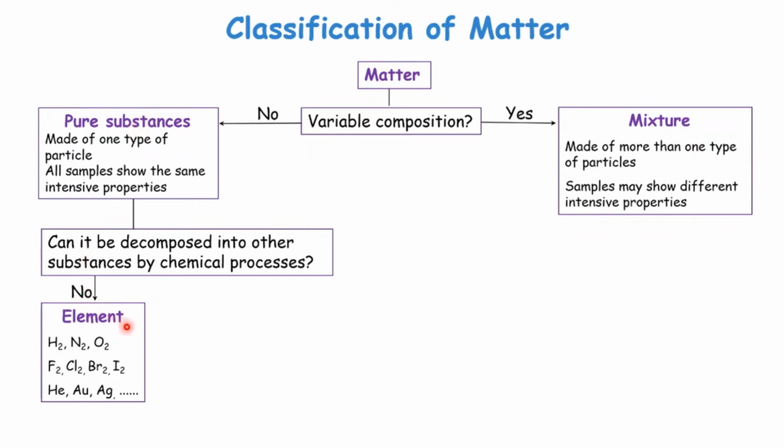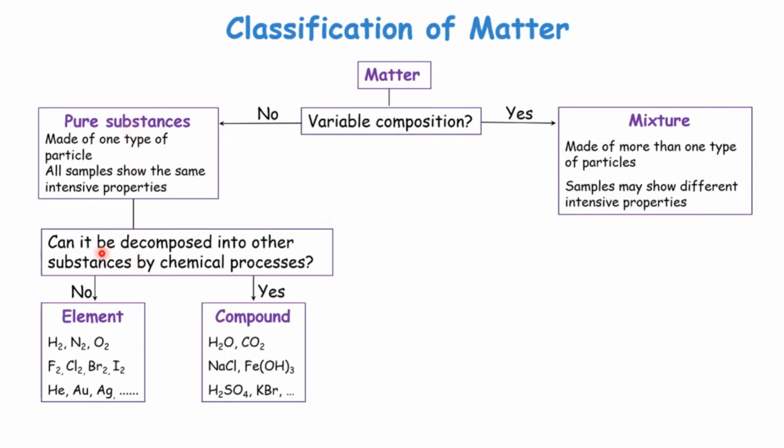What are elements? You can find all of the elements in a copy of periodic table plus those diatomic molecules. So there are typically these 7 diatomic molecules. They are classified as an element.